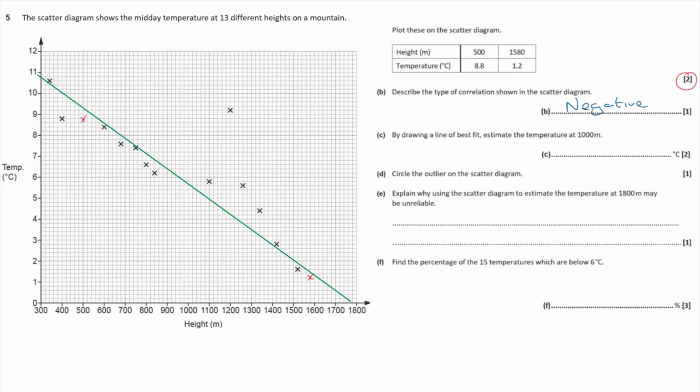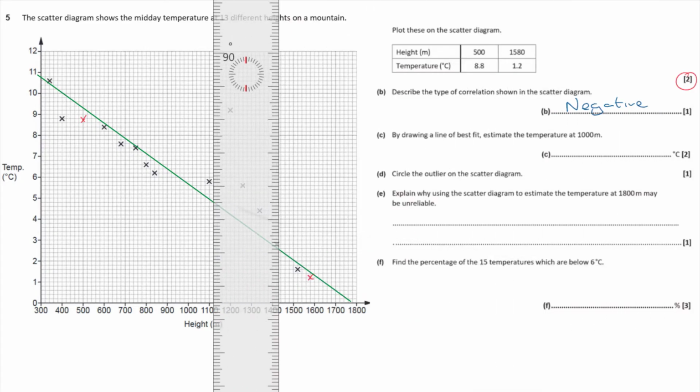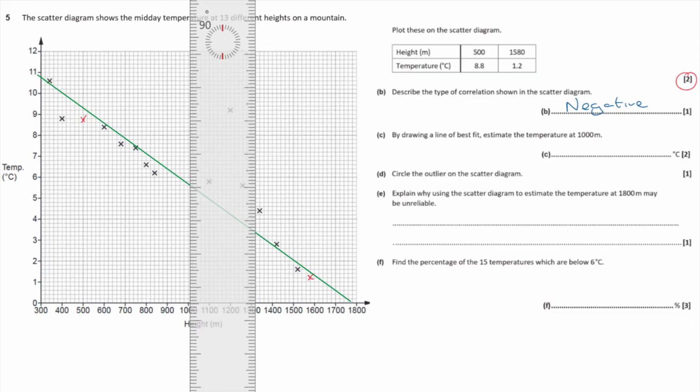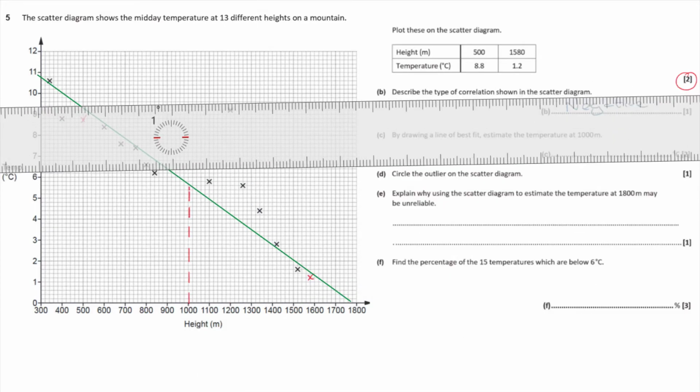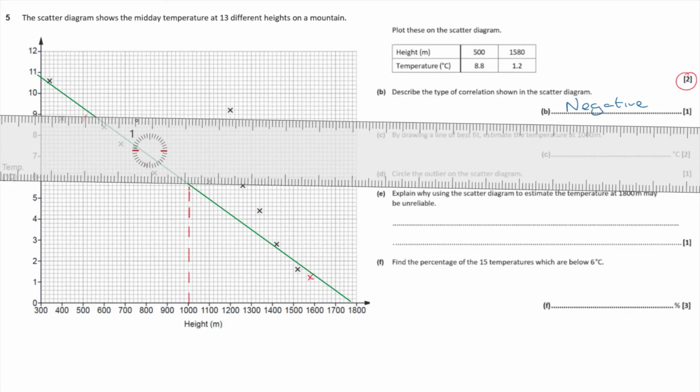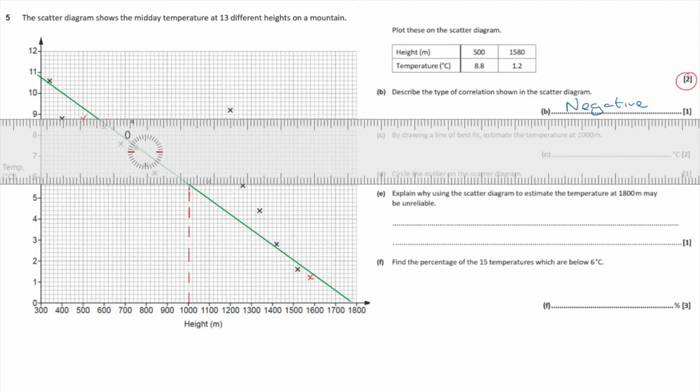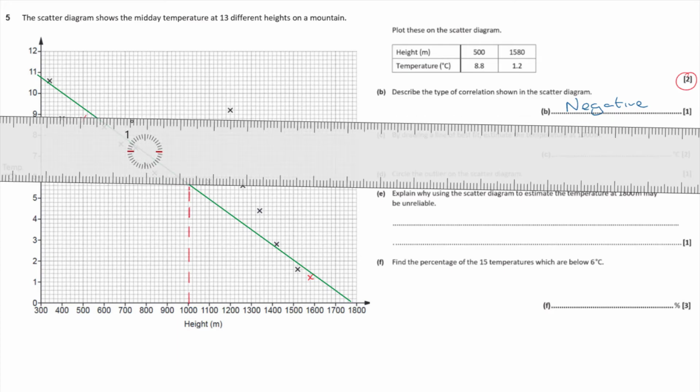The examiners will look at your line of best fit and how you have read up from 1,000 and across. So, you know, 2 people can write down exactly the same answer. One of them will get it right and one of them will get it wrong, because it really depends on their own line. Okay, so on my line, it changes direction there.